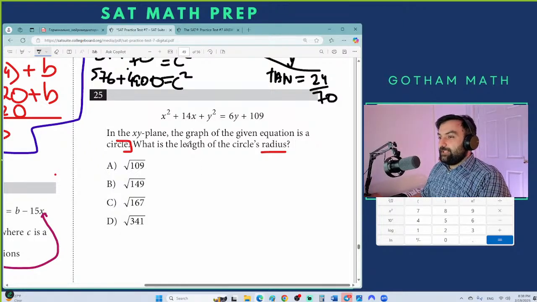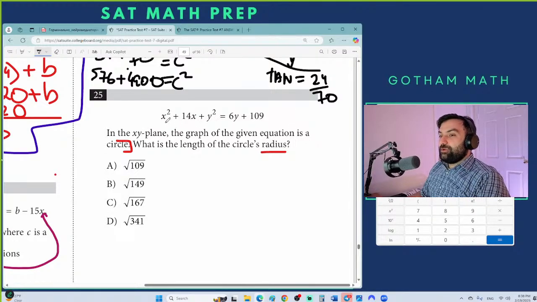That's it. It's not thinking here. This should take you about 20 seconds, if the numbers are not hard. If the numbers are hard, 30 seconds. So let's go. Circle question.